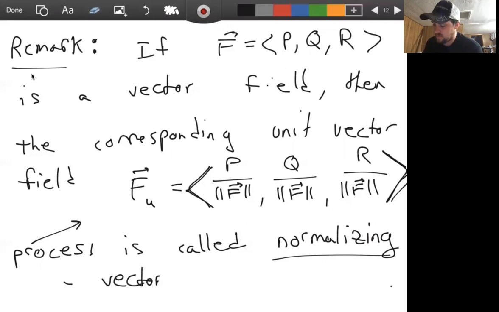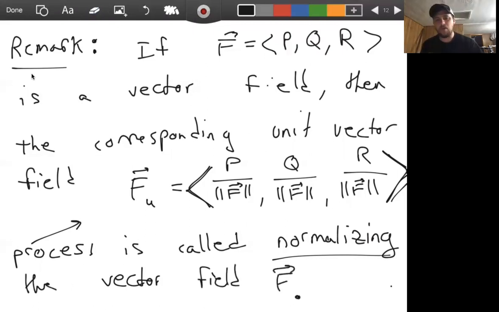Or we can say this process is called normalizing the vector field F. I won't use this terminology very much, but it's still important to define it, because sometimes I may say you need to normalize the vector field, or we're going to normalize the vector field. What that means is I'm finding the corresponding unit vector field by scaling these vectors by 1 over the magnitude.